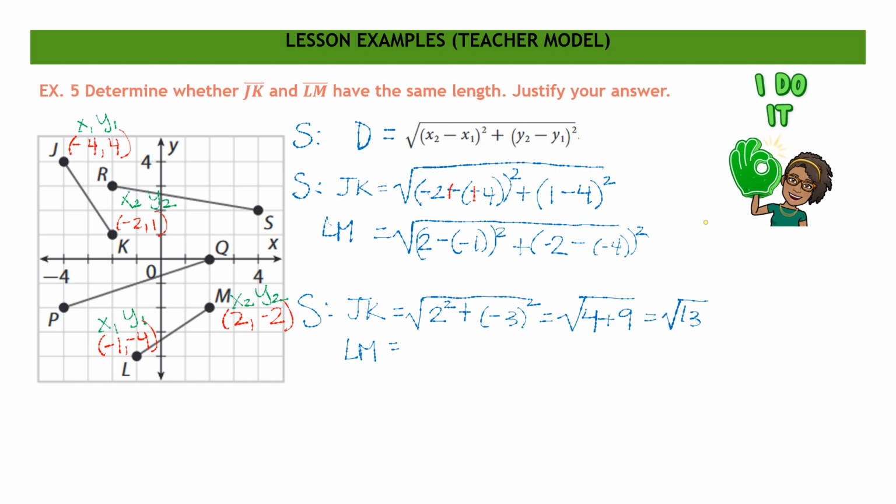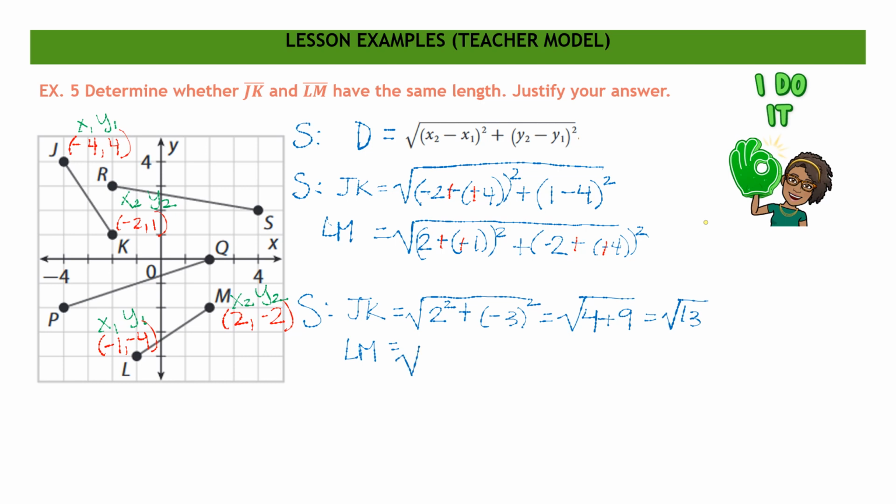Let's see if we get the same answer for line segment LM. So I have 2 minus negative 1. A negative and a negative gives me a positive. And then I have a negative 2 minus a negative 4. Negative and a negative gives me a positive.